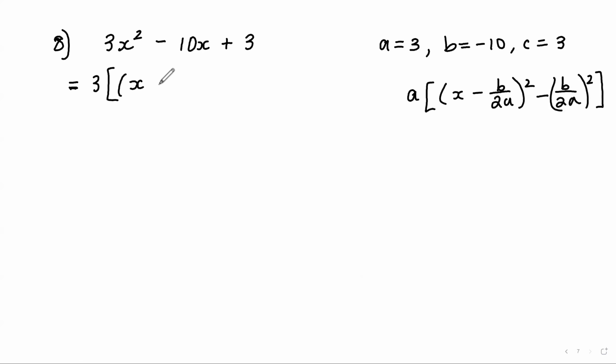X minus what? 10 over 2A. So what is 2A? 6. Yes, 6 is correct, right? Squared minus, again, what? 10 over 6. That's right, 10 over 6.